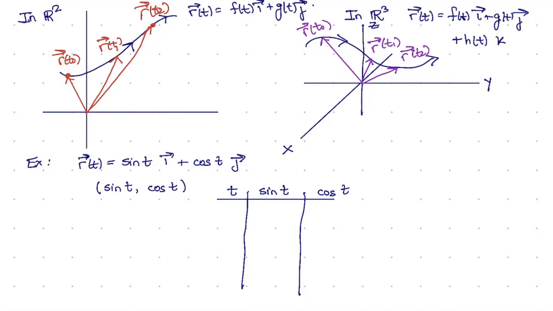So starting at t equals 0, if I were to put this in, I would get that the x value is going to be 0 and the y value is going to be 1. And so in our graph, we would be starting at the point (0, 1).